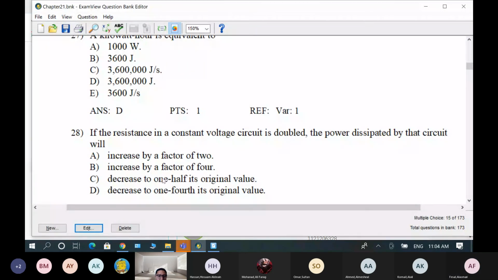This is the last question. Answer it and then you can leave. 28. If the resistance in a constant voltage circuit is doubled, the power dissipated by that circuit will... He mentioned constant voltage, resistance, and power. So what is the formula that gathers resistance, voltage, and power?